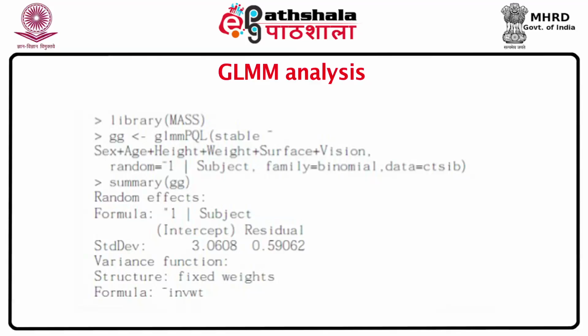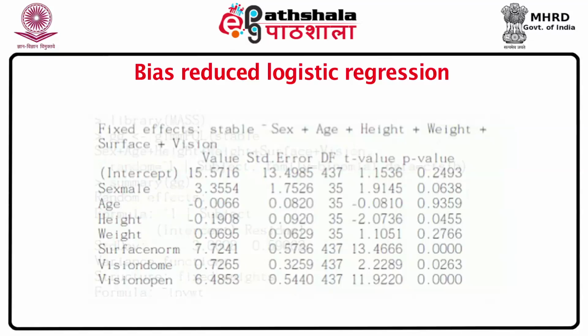So these relate to the parameters in G. The residual standard deviation is 0.59. So this is the parameters in R. And finally, here is a summary of the fixed effects. So as for an LM or an LME, I get the value, the standard error, the DF, the T value, and the P value.